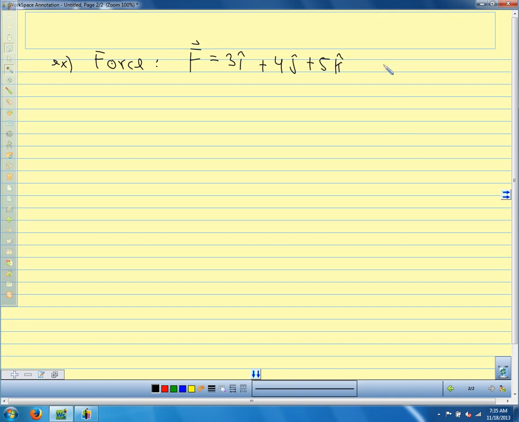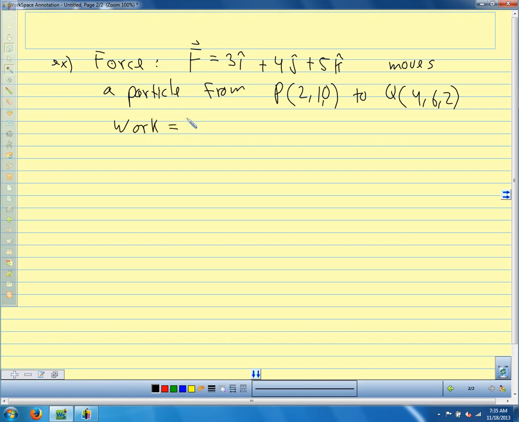And this force moves a particle from point P at 2, 1, 0 to point Q at 4, 6, 2. And we want the work done by the force. So nice easy application of the dot product.